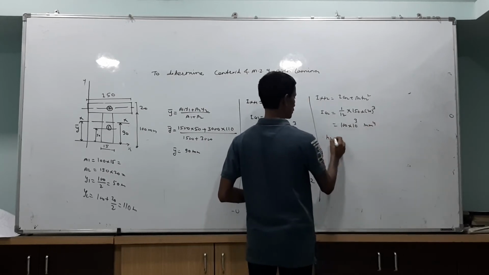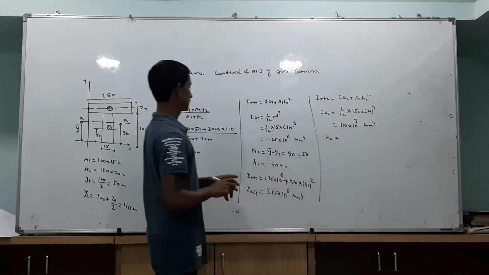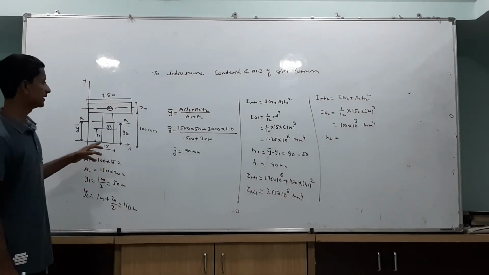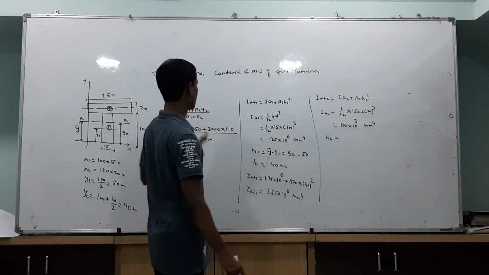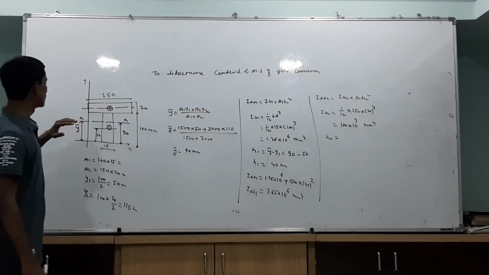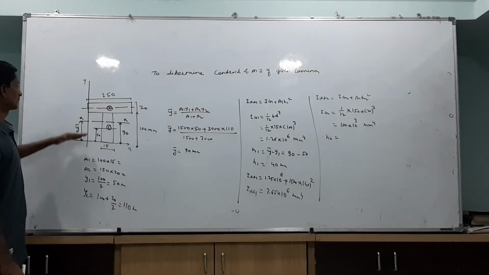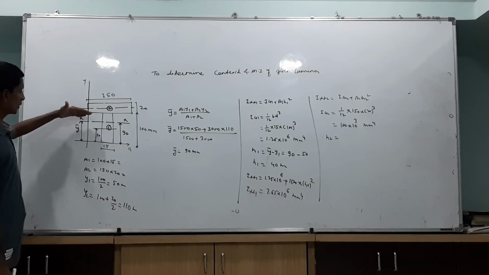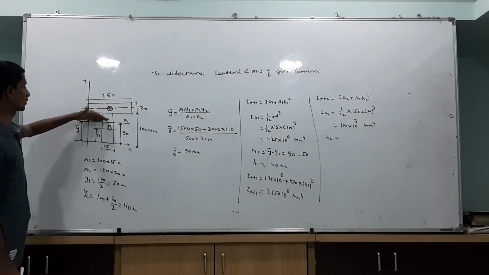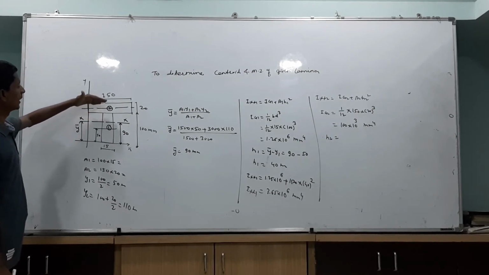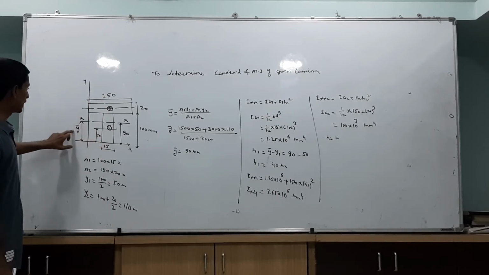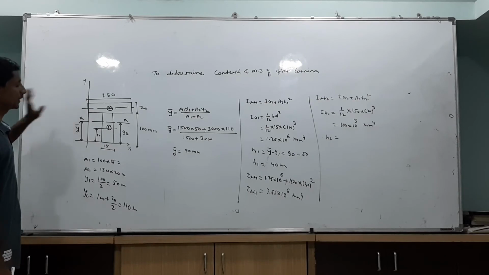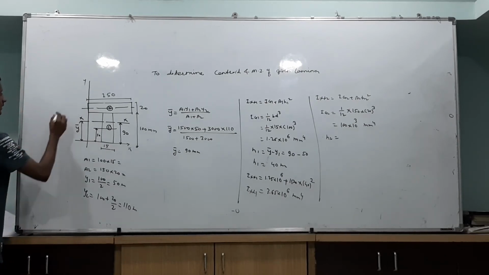In this case H2, as we have seen while calculating H1, similarly we are going to calculate the value of H2. H2 means the distance between the central axis of the given composite plane lamina and the area number 2.